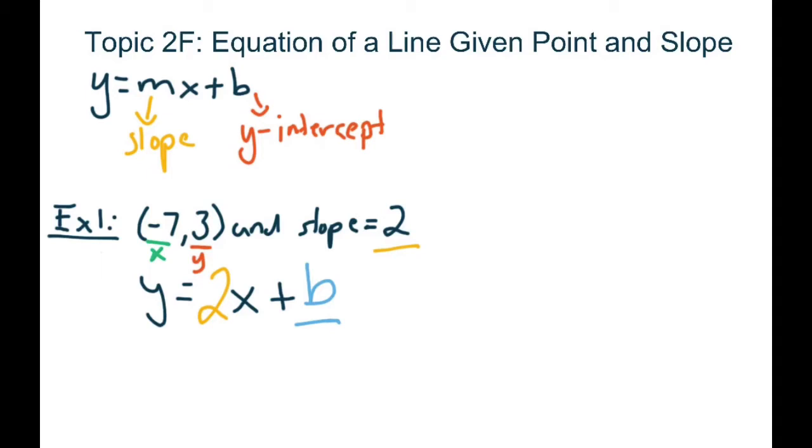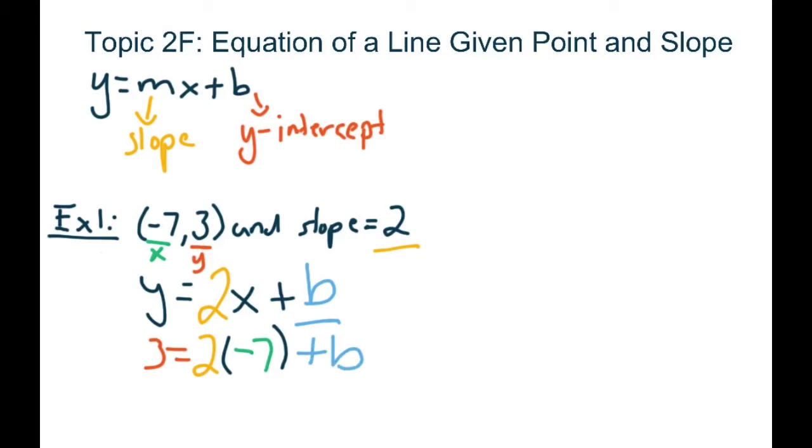So we're going to have 3 equals 2 times our x, which is -7. And we don't know what the plus b is yet, so we're going to leave that as plus b.